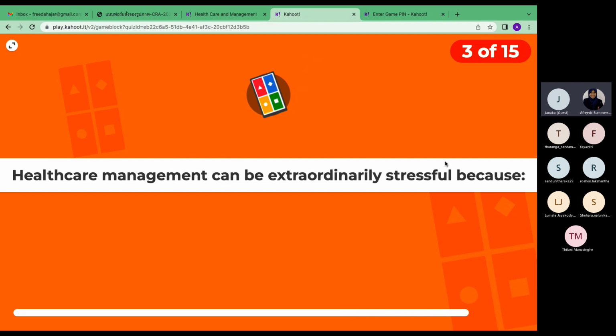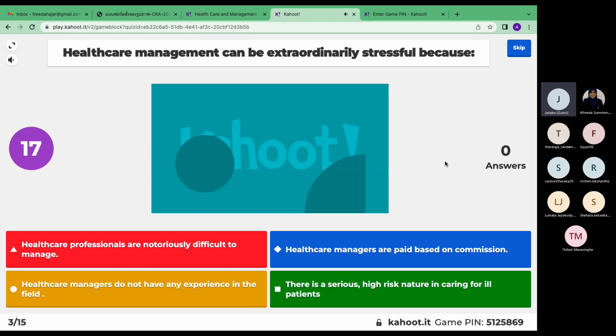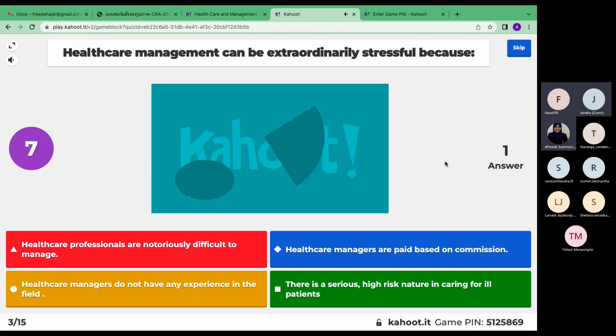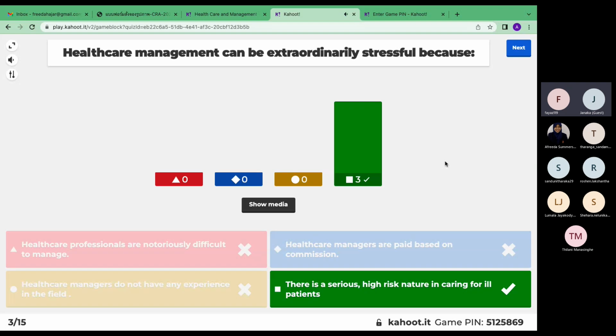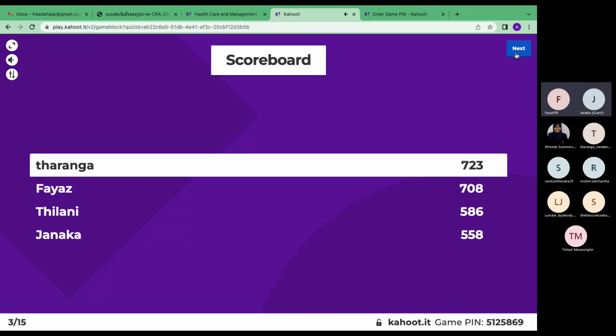Health and managing an extraordinary stressful cause. Well done, Taranga. Good. Silani and Janaka, you understood, right? You got it?